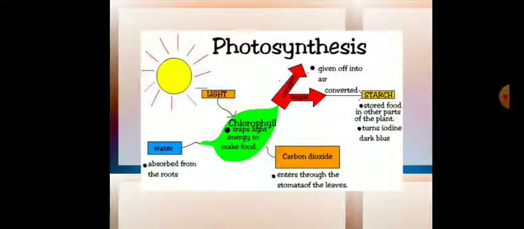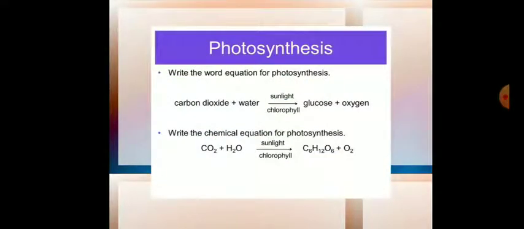Now here I am showing you the word equation for photosynthesis and one chemical equation also. In the first one you can see carbon dioxide plus water, in the presence of sunlight and chlorophyll, gives glucose plus oxygen. The same reaction is written by formula as a chemical equation.